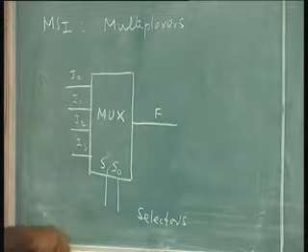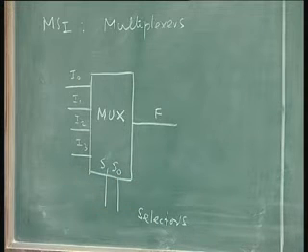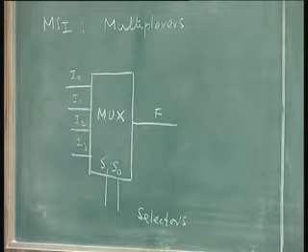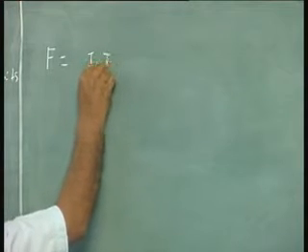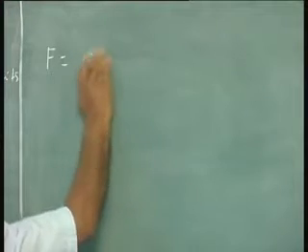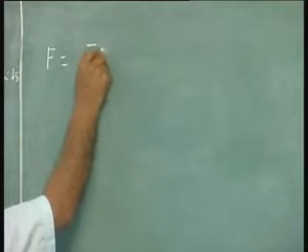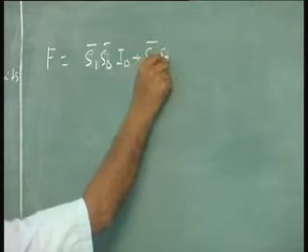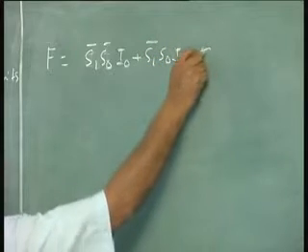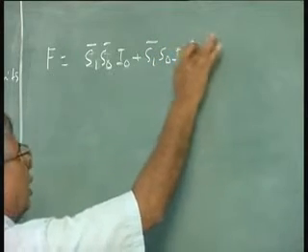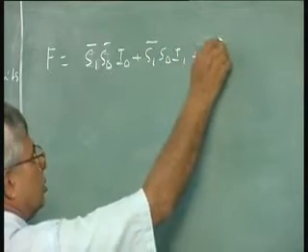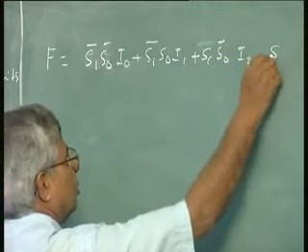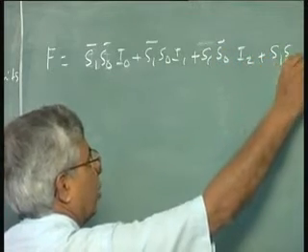So the function description of the multiplexer is F is S1 bar S0 bar I0, S1 bar S0 I1, S1 S0 bar I2, S1 S0 I3.